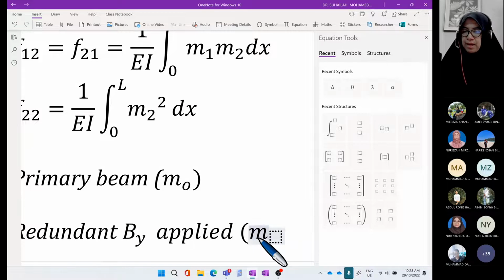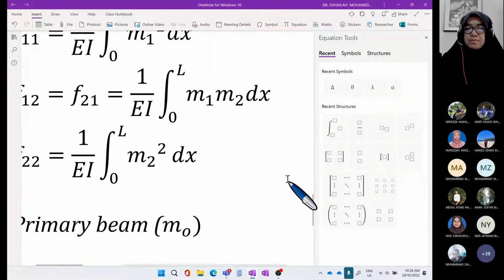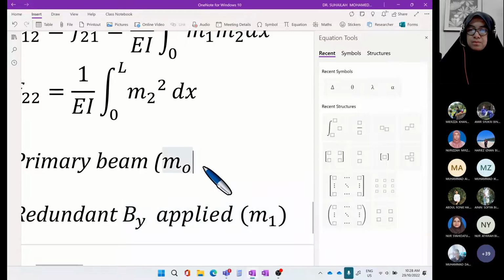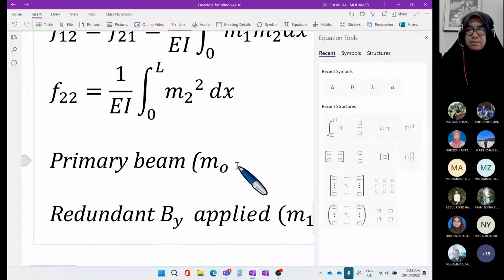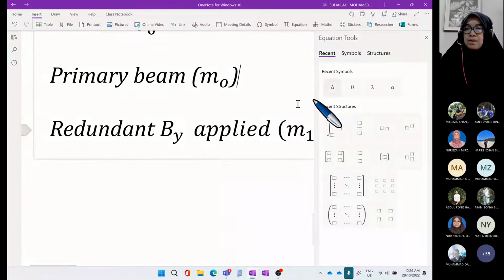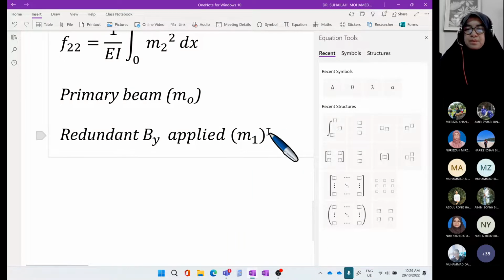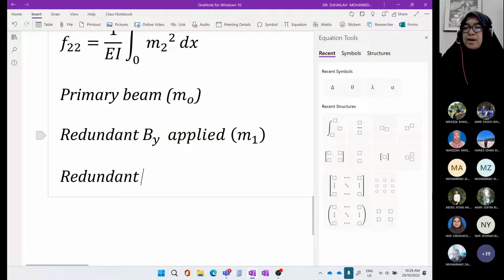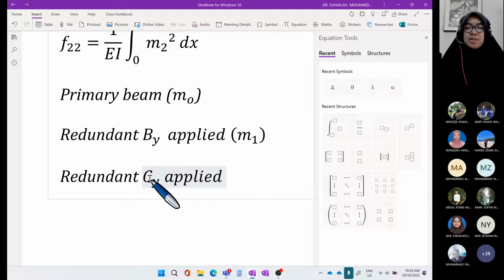Then we have redundant CY applied, which is redundant number 2, so this is M2.